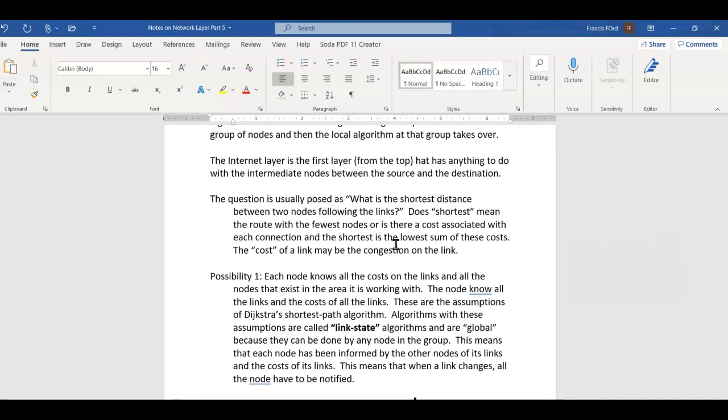My computer probably knows how to get to my gateway to the internet. That gateway looks at where I want to go, and it knows what next gateway it should send my message through.